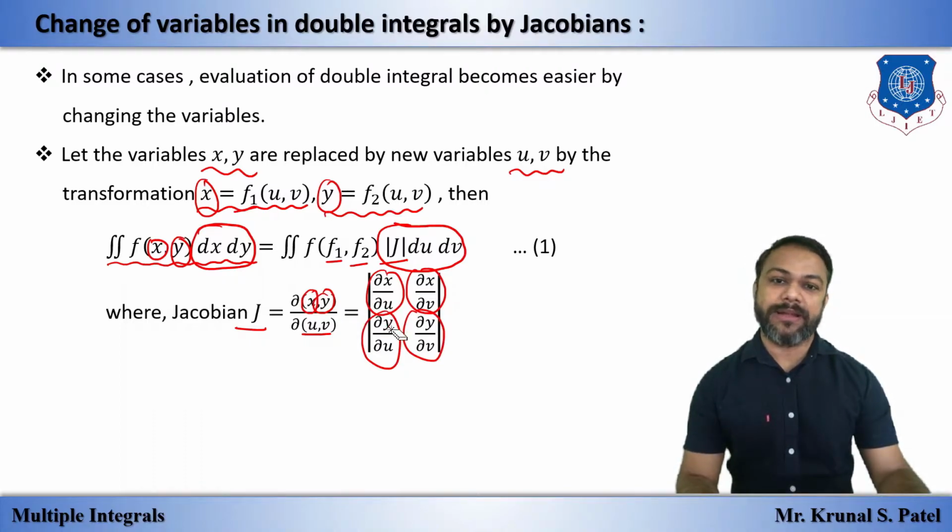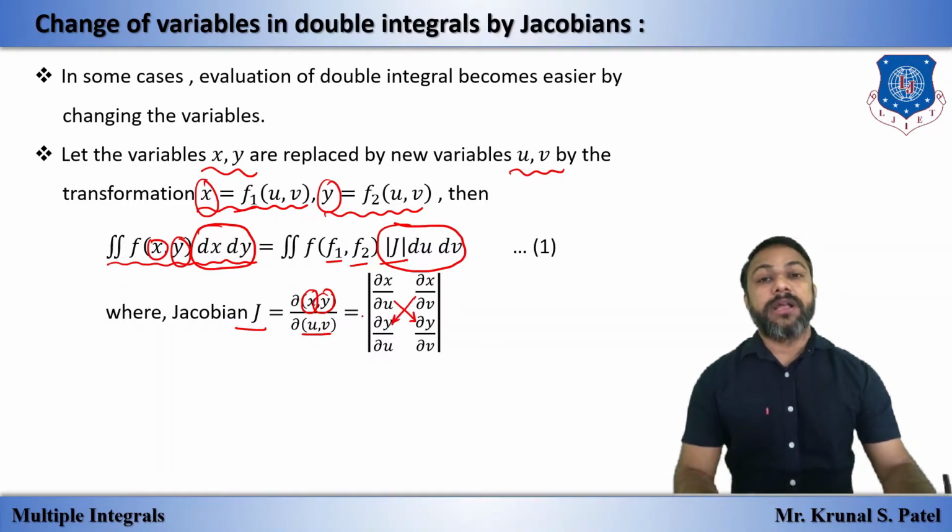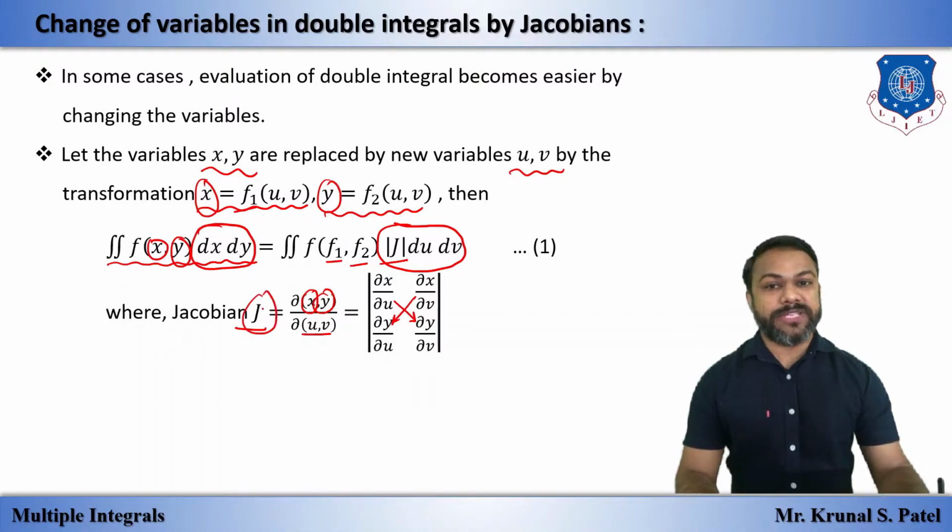How to find a determinant, we know that: multiply this with this minus this into this. By putting the value of j, we find dx dy is equal to this, so the integrand and the differentials are converted by putting the transformation.